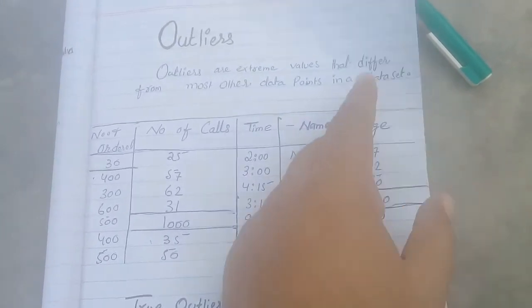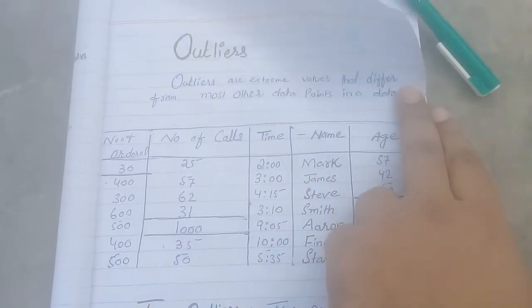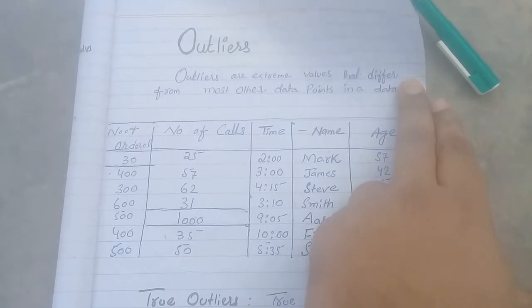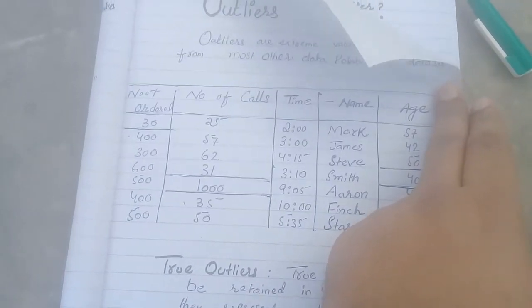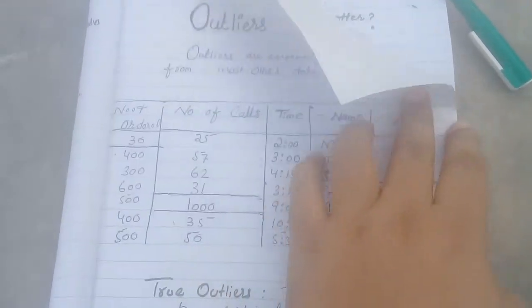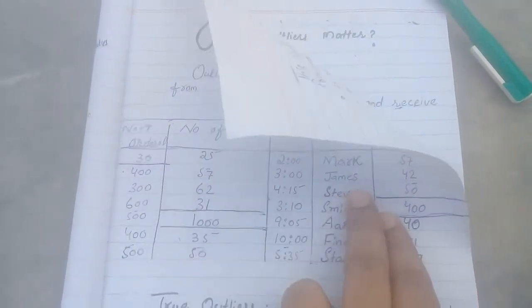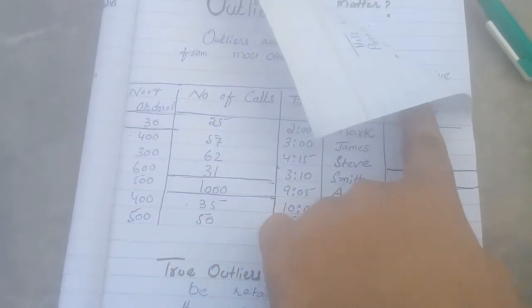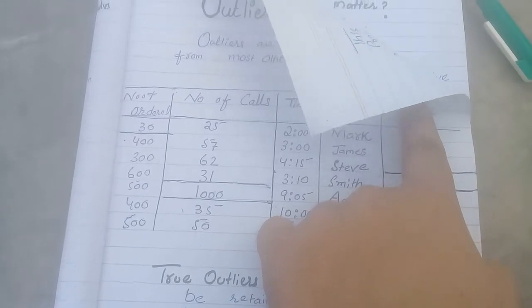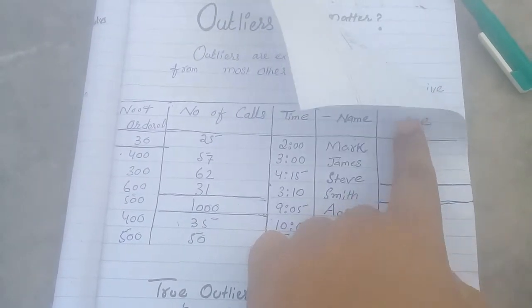So instead of going for the bookish definitions, what are outliers? Let's see this data set. I have a data set, as you can see. The second column is the number of calls.